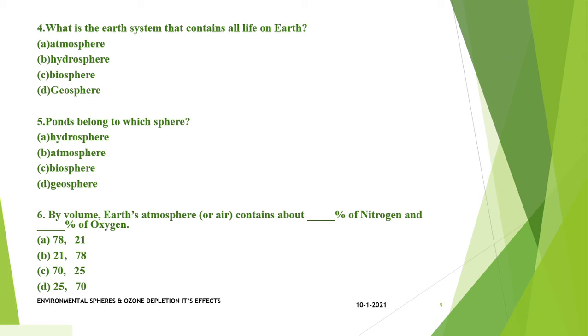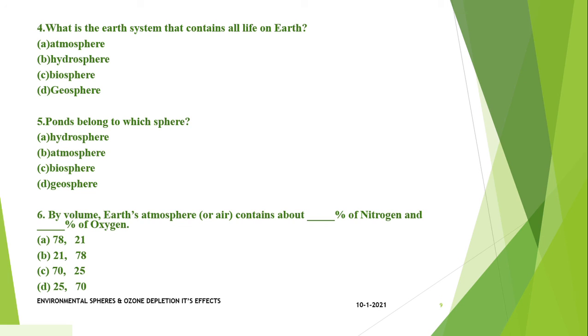4. What is the Earth system that contains all life on Earth? A. Atmosphere, B. Hydrosphere, C. Biosphere, D. Geosphere. 5. Ponds belong to which sphere? A. Hydrosphere, B. Atmosphere, C. Biosphere, D. Geosphere. 6.